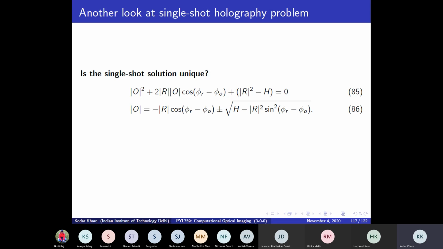Because there is no error anymore, I can take that phase used for generating this solution and plug it back into this, and at every pixel the error will be 0, and I have a solution.